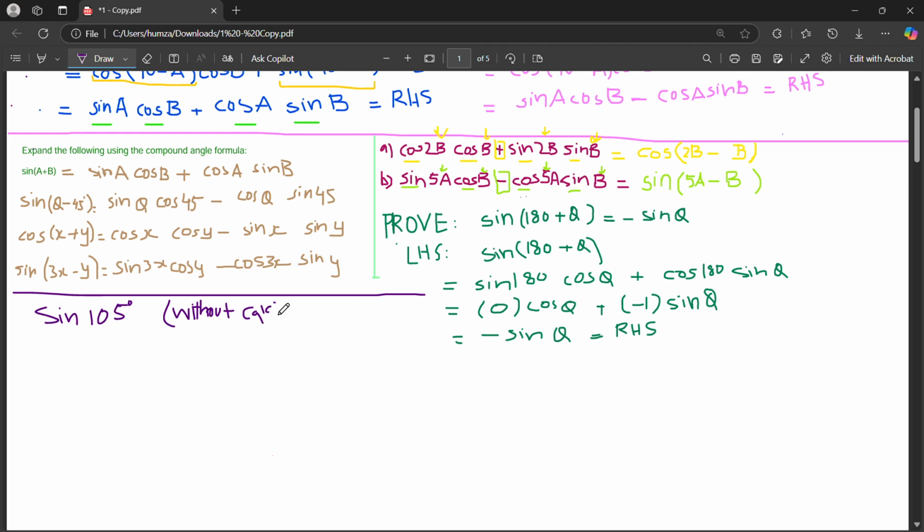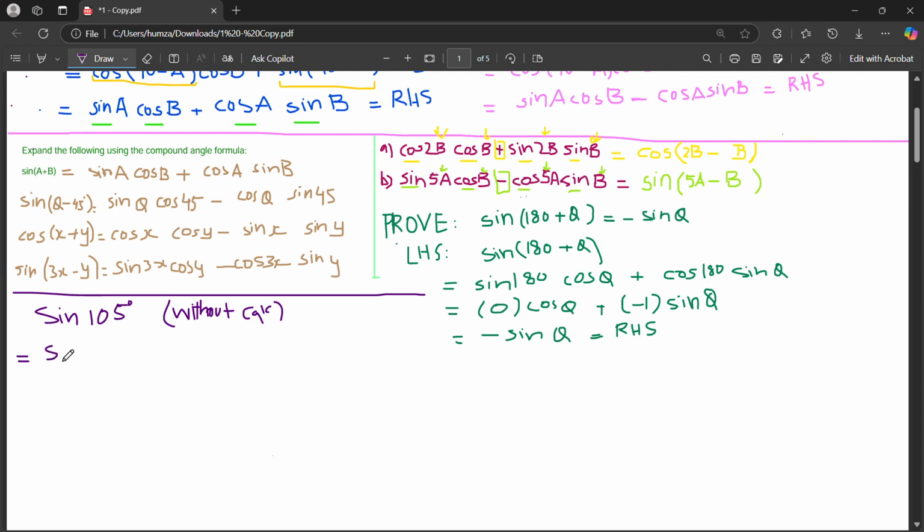Now we are going to write this sin 105 as a sum of your special angles. So this is your duty to find out which two special angles will add up to make 105.